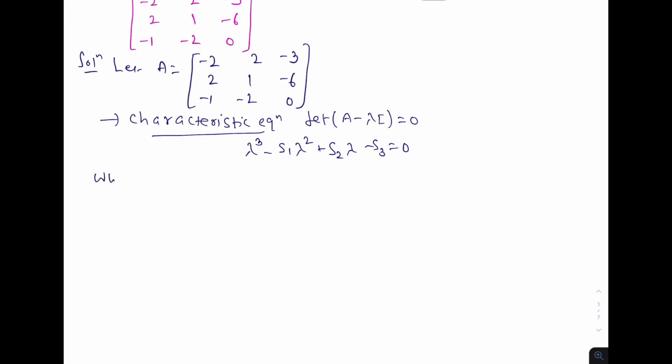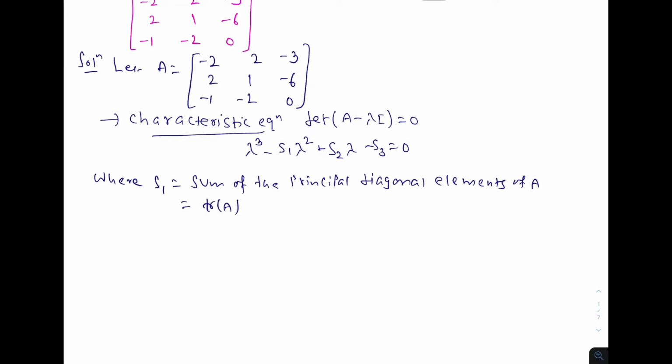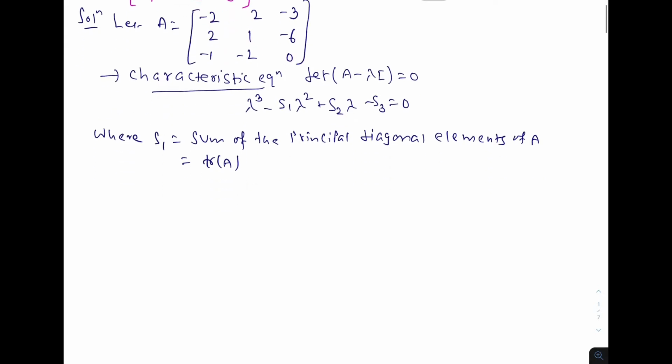S1 is the sum of the principal diagonal elements of A, which is also called the trace of A, that is the sum of these three elements. So this is -2 plus 1 plus 0, and that is -1.